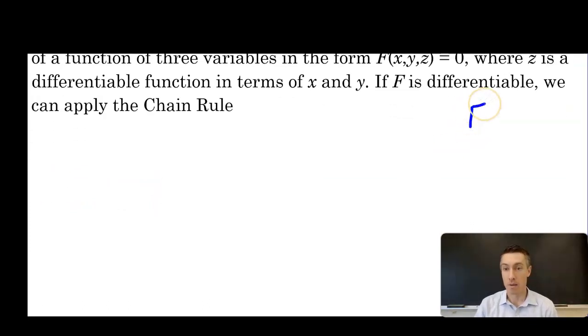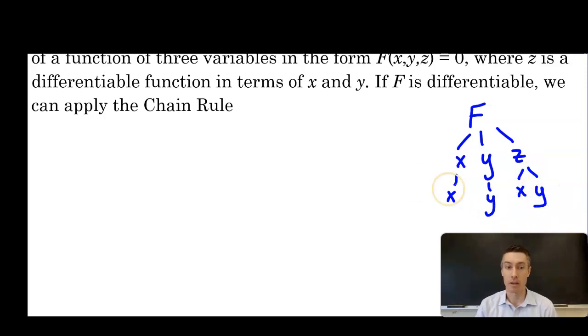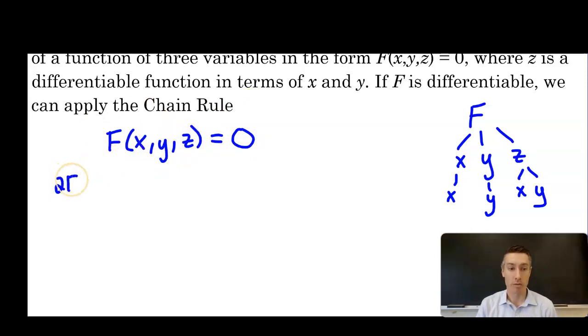How are we going to do that? Okay, tree diagram, we have a function. Now we have x, y, and z. So x is only a function of x, y is only a function of y, but z is a differentiable function in terms of x and y. So we start the same way, f(x, y, z) equals 0 is the level curve that we're working with. Differentiating the left side, we have partial of the function with respect to x, dx, not a partial there.